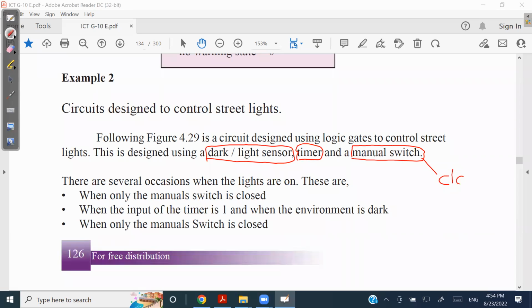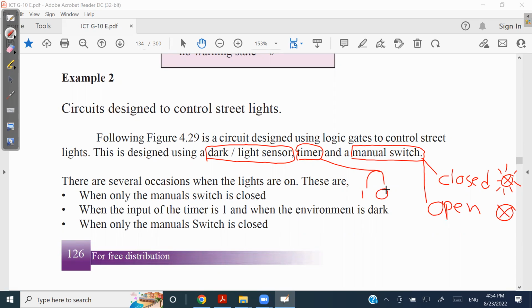So once the manual switch is closed, the bulb lights up. When it is open, the bulb is not lit. And according to the second condition, when the timer is 1 and when the environment is dark. So the timer may have 2 states, 1 and 0.